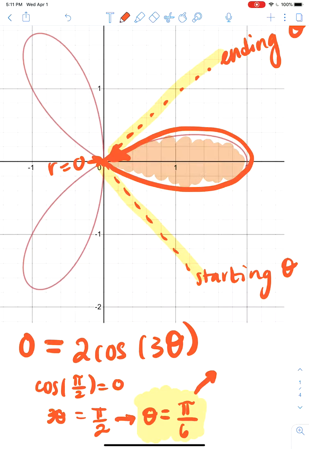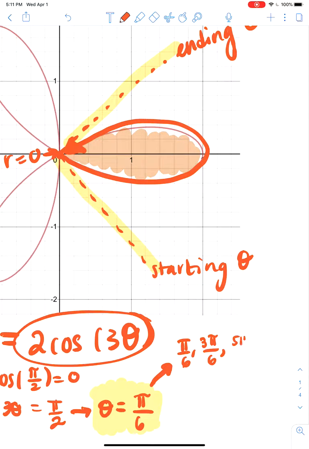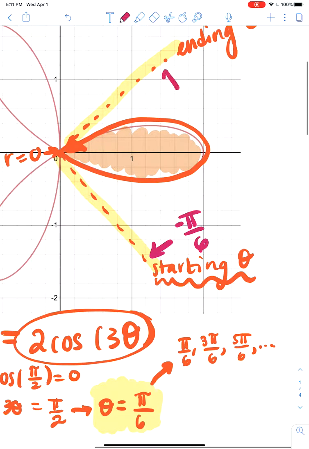When I say versions, I'm talking about how pi sixths will make r equal 0, but so will 3 pi sixths, so will 5 pi sixths, etc. Since this is our starting theta, it's going to have to be negative pi sixths, because it doesn't make sense for the starting value to be bigger than the ending theta value. And this theta value, since it's in the first quadrant, is going to be pi sixths.